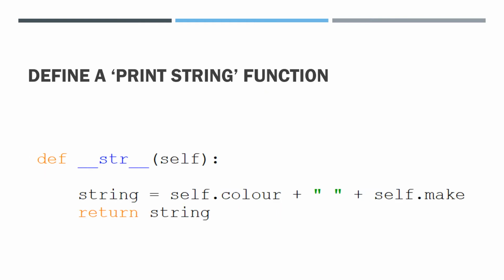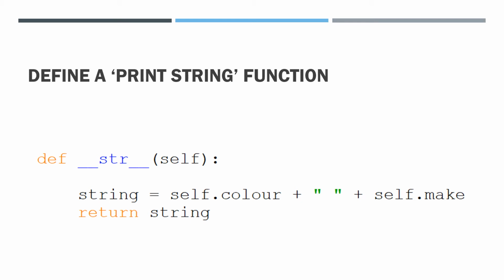What we do is create a second function below the constructor. And like the constructor, it's got an unusual name, 2 underlines, str short for string, and 2 more underlines, and self in brackets. This is called the PrintString function, and we can put whatever code we want into it, but it has to return a string, and that string will tell the computer what to print when it has to represent this object in a print command or any other time when we need to show a string that defines the object.